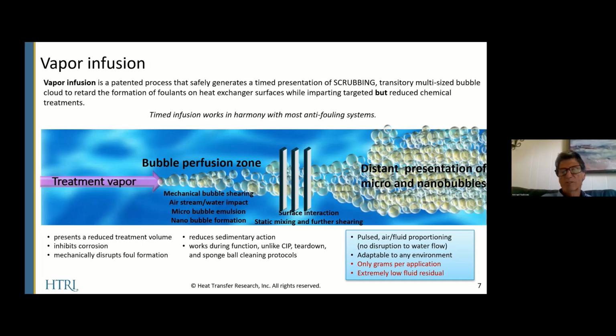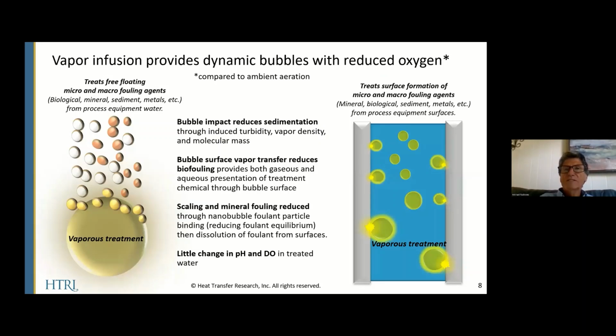applications that we use. And so as these bubbles move through the heat exchanger environment, they will impact with planktonic fouling species, bacteria, algae, things of that nature, and also will come in contact with potential mineral or sedimentary fouling species and interact with them in a way that they become both bio- and electrostatically impactful.